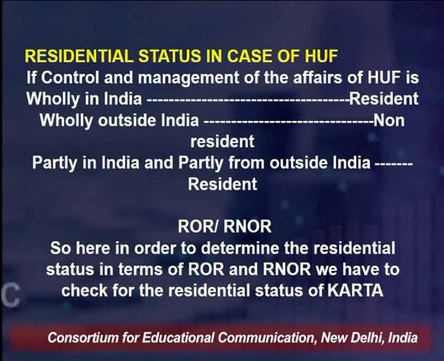But even if it has partly control in India and partly outside India, in those scenarios also we will classify that Hindu undivided family as a resident in India. But in case the control and management of affairs is wholly outside India, then we will say that this particular Hindu undivided family is a non-resident in India.